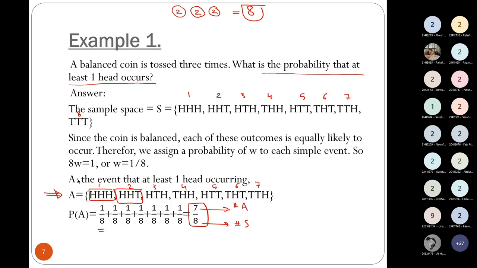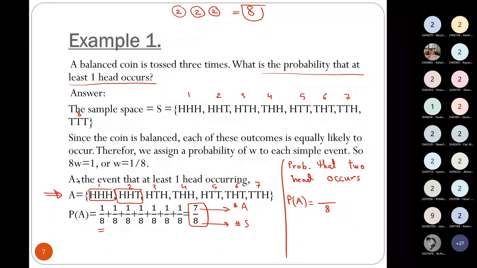If we need the probability that 2 heads occur, the probability of A equals what? The sample space is 8.